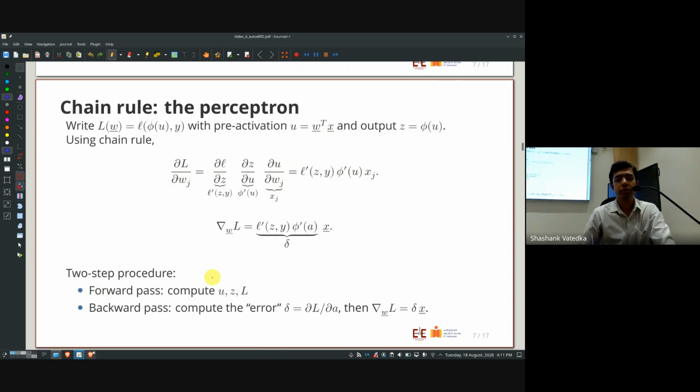In the forward pass, you compute all of the values of the intermediate variables. That includes u and z and l. And in the backward pass, you find these partial derivatives in sequence, but in the reverse order. Starting from the output, you evaluate dL/dZ at the point Z, Y, and then compute dZ/dU at the point U, and then evaluate dU/dW_j at the point W.